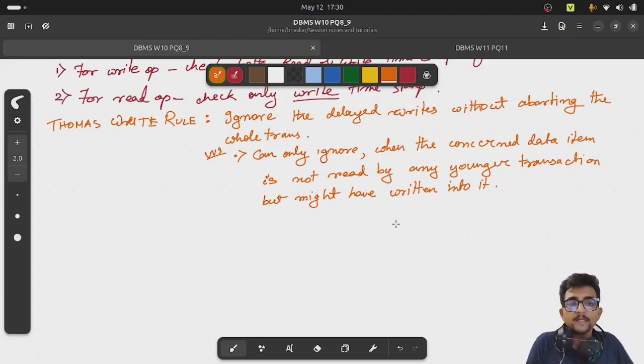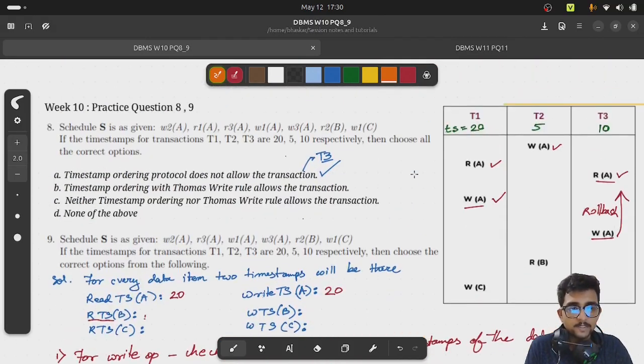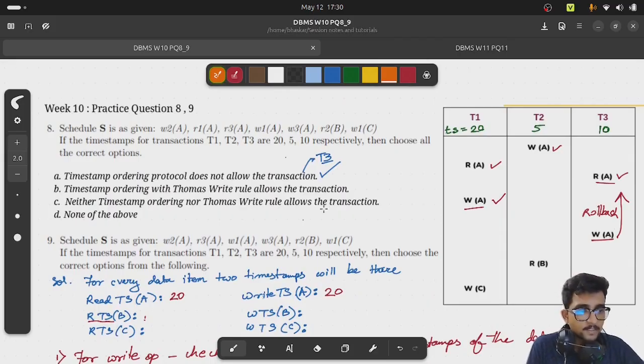If there is a delayed write, I can simply ignore it and go forward. That is what Thomas Write rule says. It is a beautiful observation, which will reduce the rollbacks and increase the concurrency of the system. This rule states that there is no need to do the rollback when there is no read.